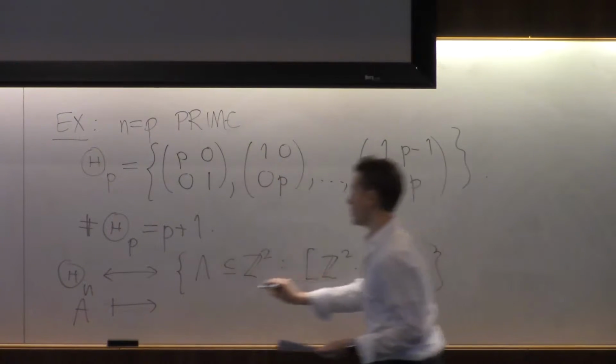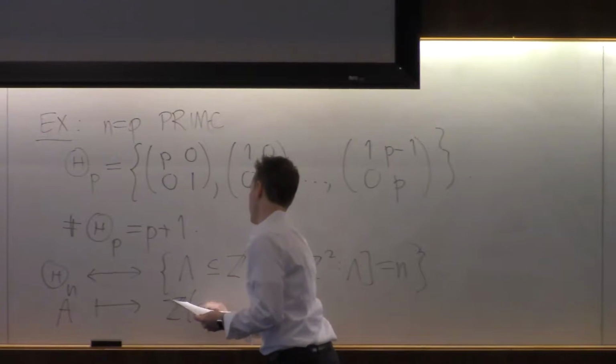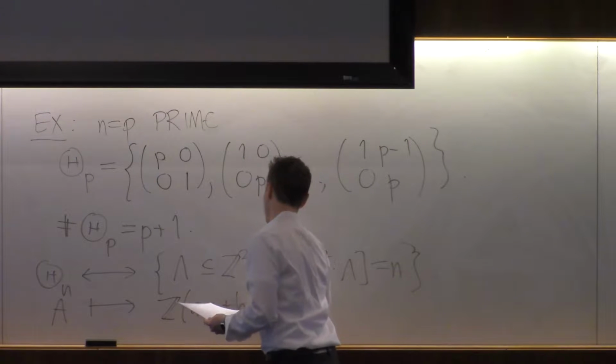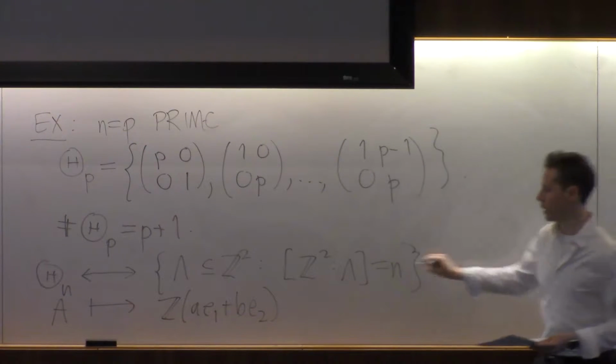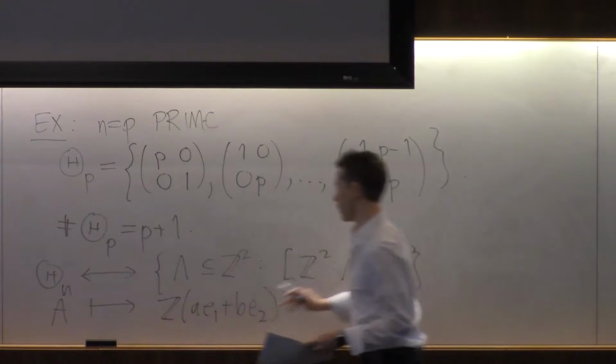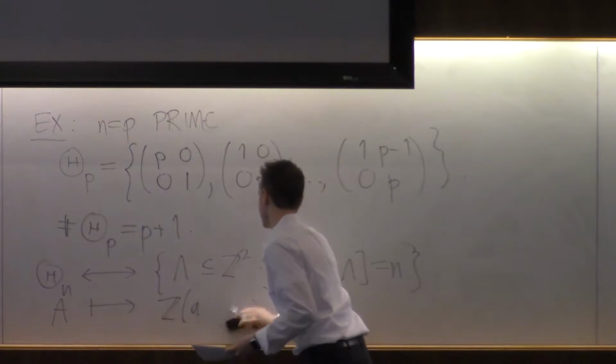Okay? So that would mean that you take the Z-span of A e1 plus B e2. The e1 and the e2 are the standard basis elements of Z^2. Okay, you could write that as (A, B) if you wanted to.